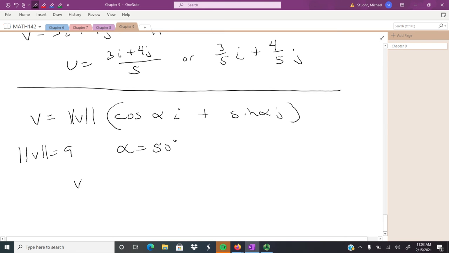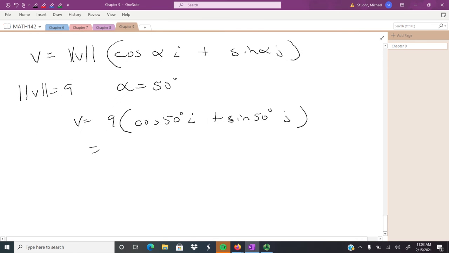So that would mean that V is going to be 9 cosine 50 i, and then sine of 50 degrees j. And we can multiply that out. 9 cosine 50, this would be 5.79i plus 3.83j.